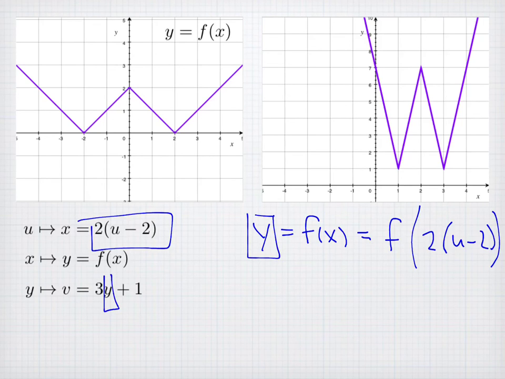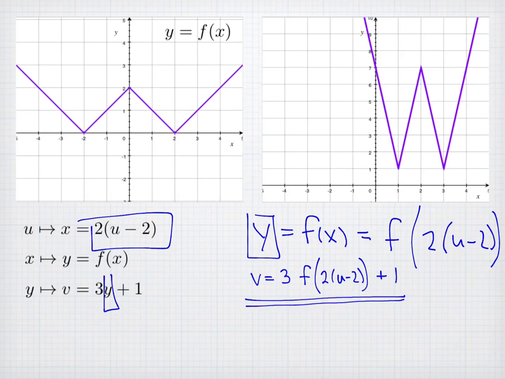And so I get v equals 3y, which was f of 2 times the quantity u minus 2, plus 1. This is the equation of my transformation.